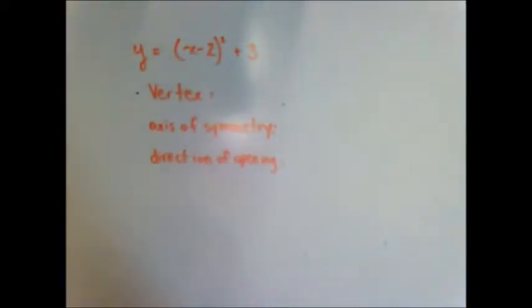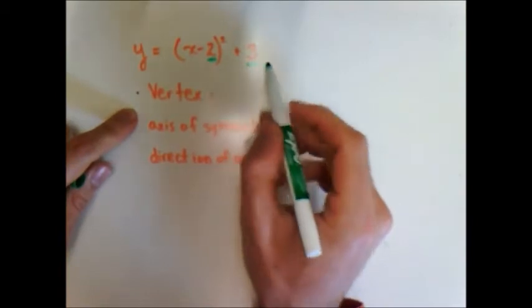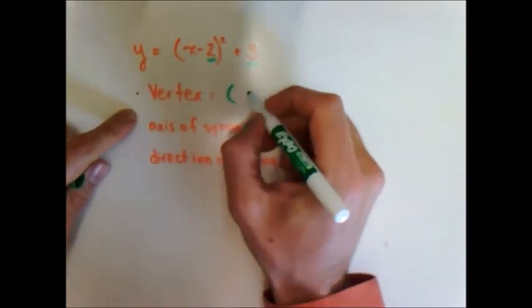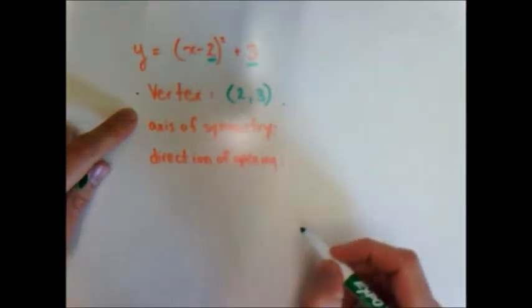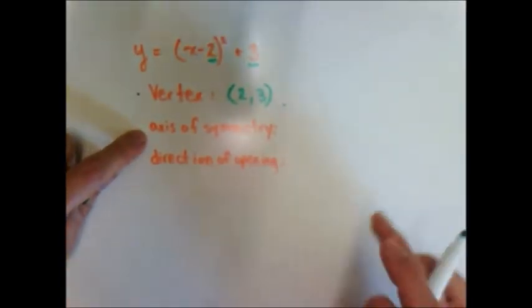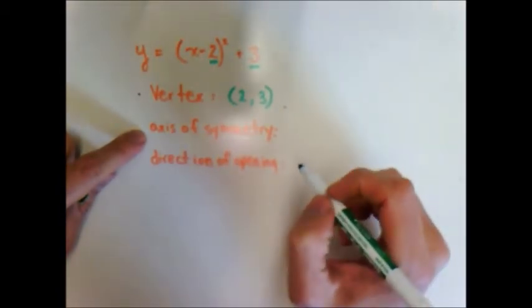So the parabola that we are given, the equation is already in vertex form. So our vertex, we can right away just say, is h and k. So our vertex, the x-coordinate is 2, the y-coordinate is 3. For the axis of symmetry, well, the axis of symmetry is the line x equals, and it goes through the vertex.